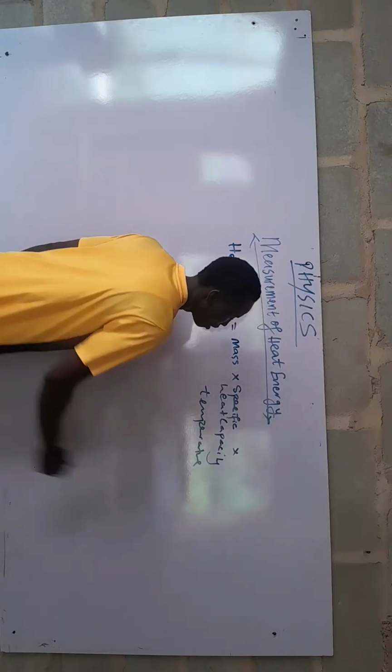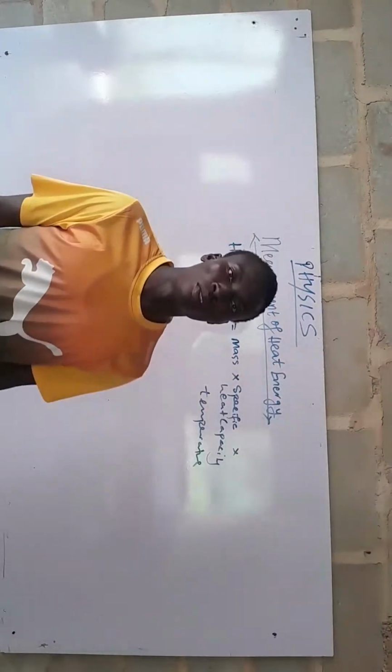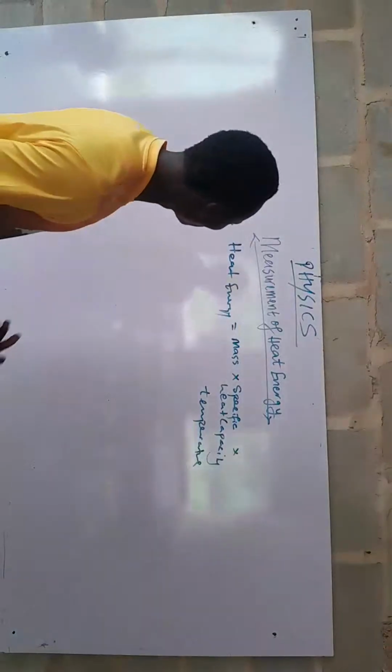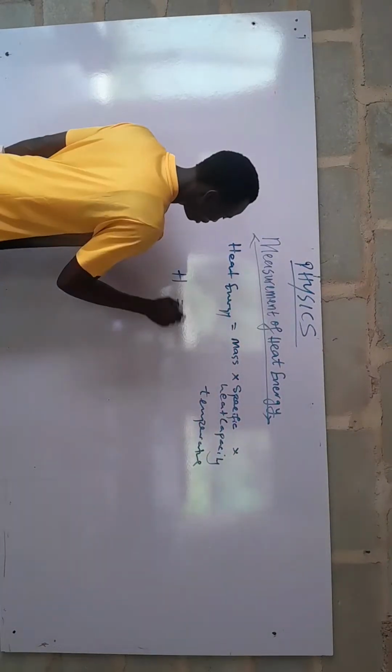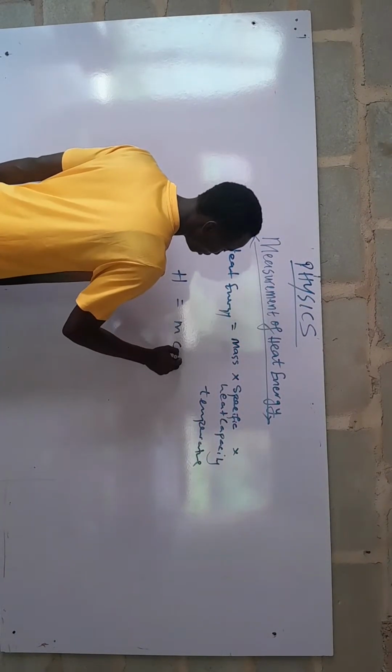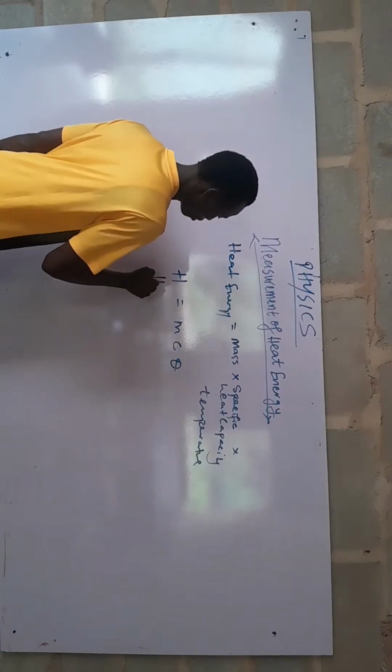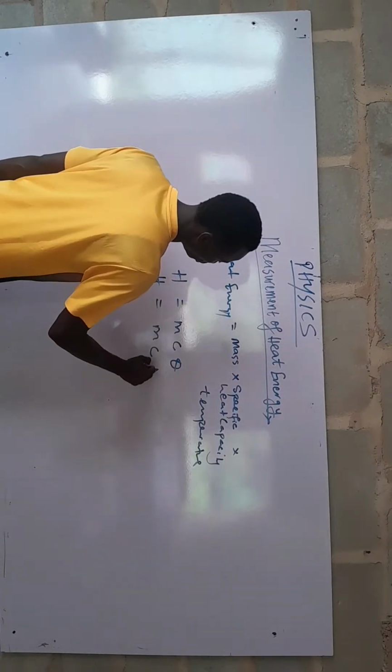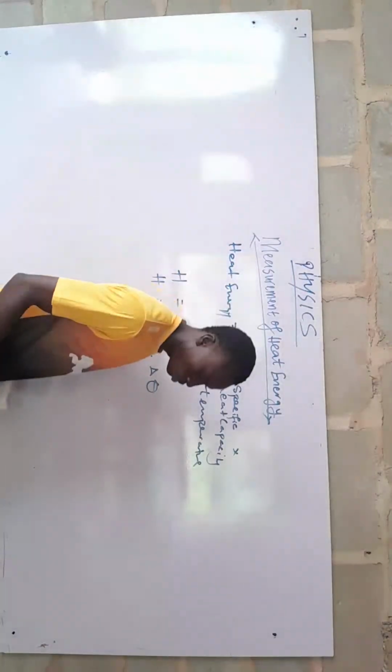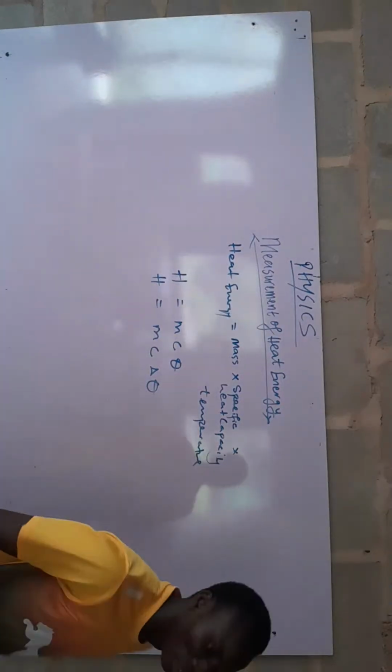That is what we have there. This arrangement can be written in the form H equals MC theta, or H equals MC change in theta. That is what each symbol represents.